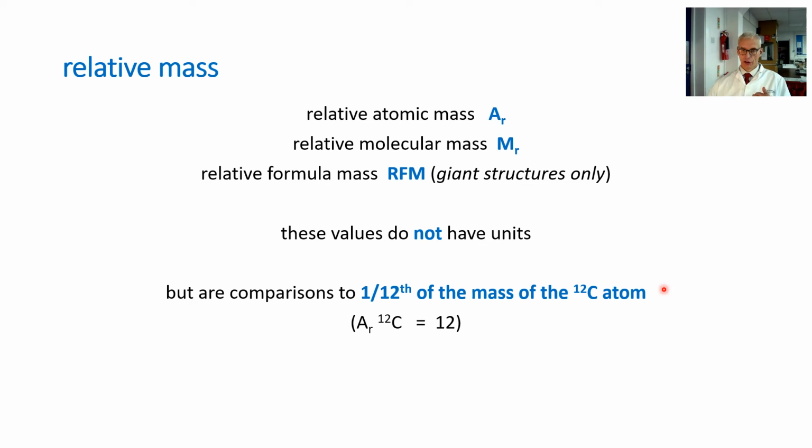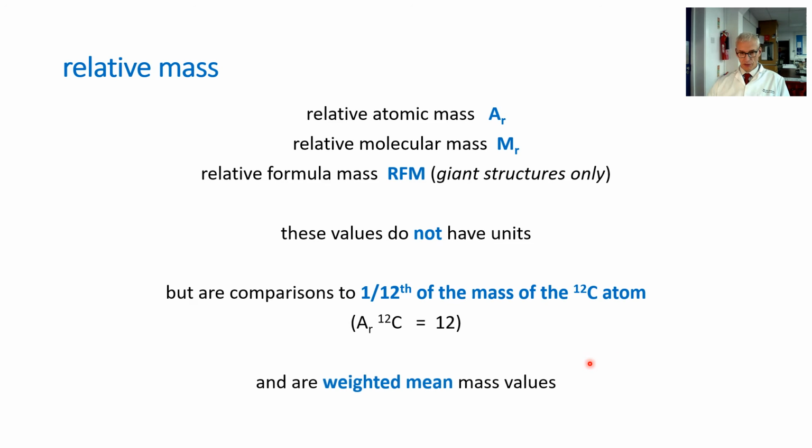So the R in these symbols refers to a comparison to 1/12 of the mass of the carbon-12 atom. And that explains why it's just a multiple of how many times greater or smaller an atom is compared to the carbon-12, so it doesn't have any units.